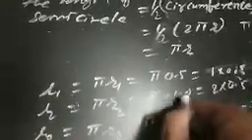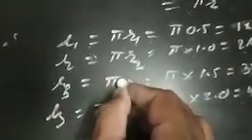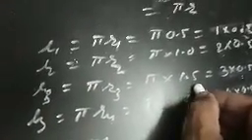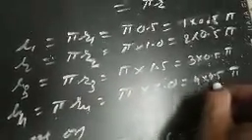Then L2 is pi r2, where r2 is 1 centimeter, so pi multiplied by 1. How do we get 1? Taking 2 times 0.5, so 2 times 0.5 multiplied by pi. Similarly L3 is pi r3, pi 1.5, which is 3 multiplied by 0.5 pi. Then L4 is pi r4, pi multiplied by 2, which is 4 times 0.5 pi.